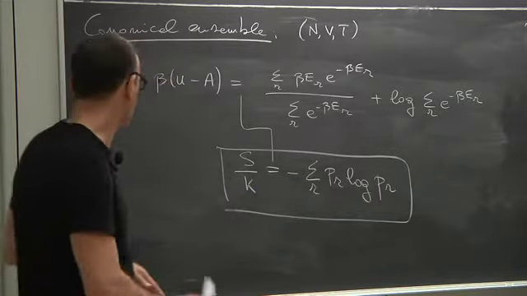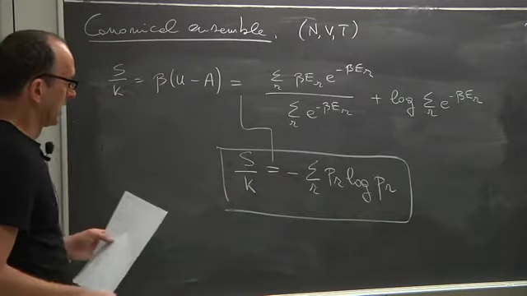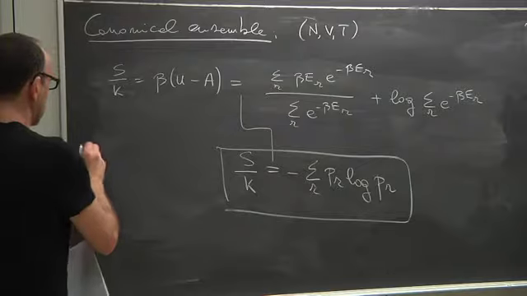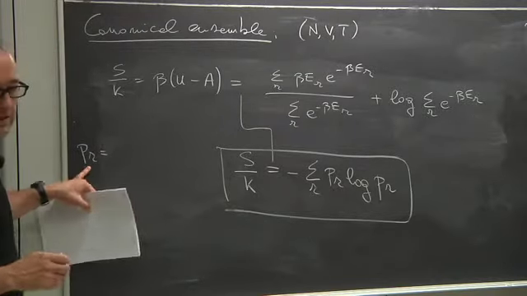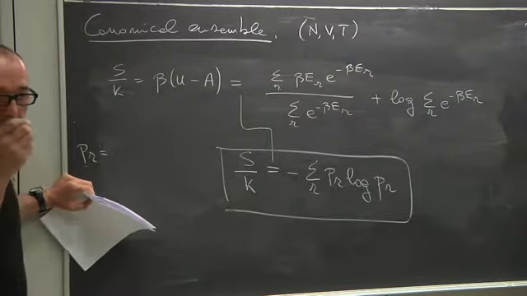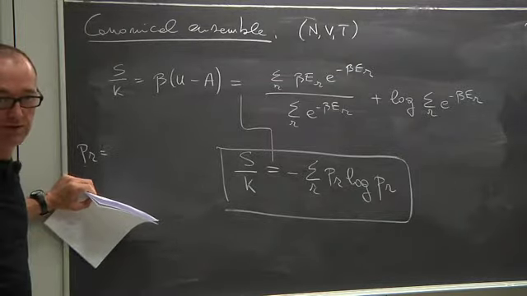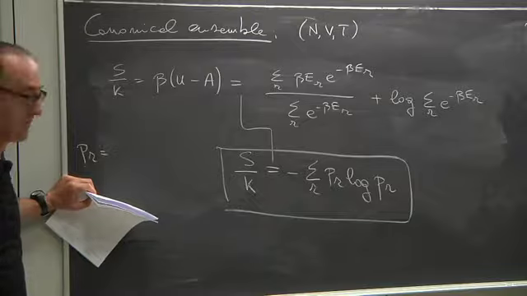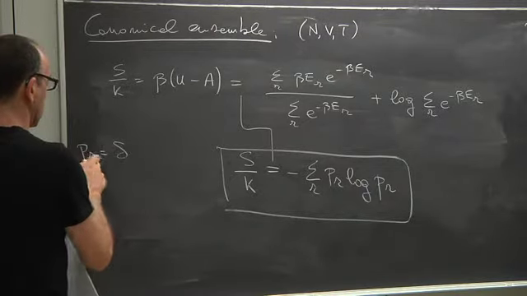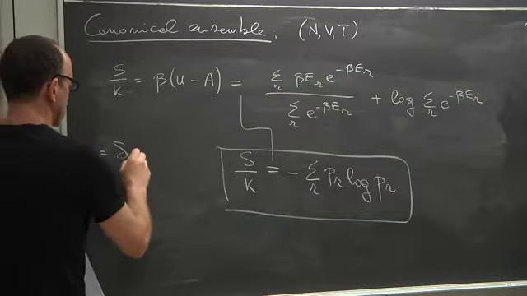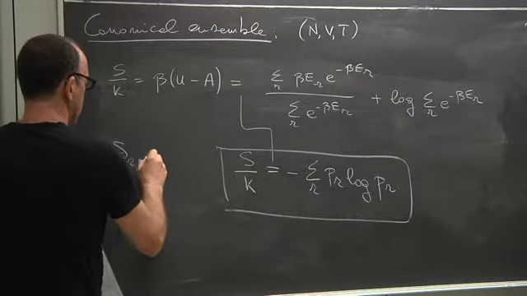For example, consider the particular case where the probability is 1 on a particular state and 0 on all the other states, so the probability is just a delta function on some state.